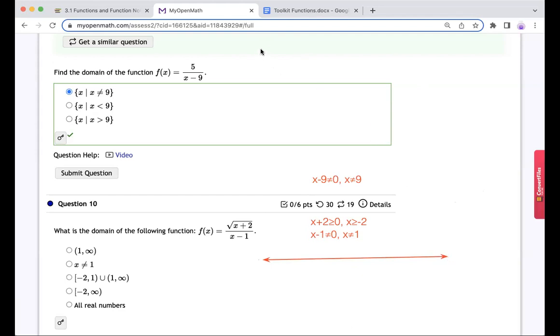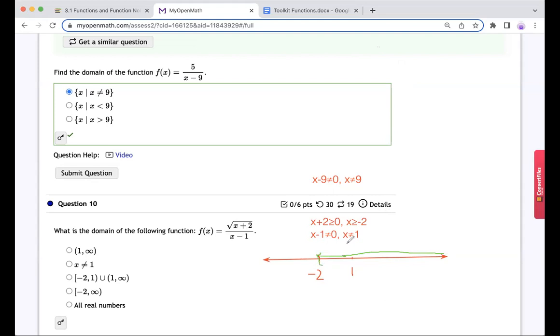So I'm going to choose the points. This one would be -2 right here, and this one right here would be 1. Now I'm going to shade whatever I have in here. I shade greater than or equal to -2. That means I take everything from here to this way, including -2.